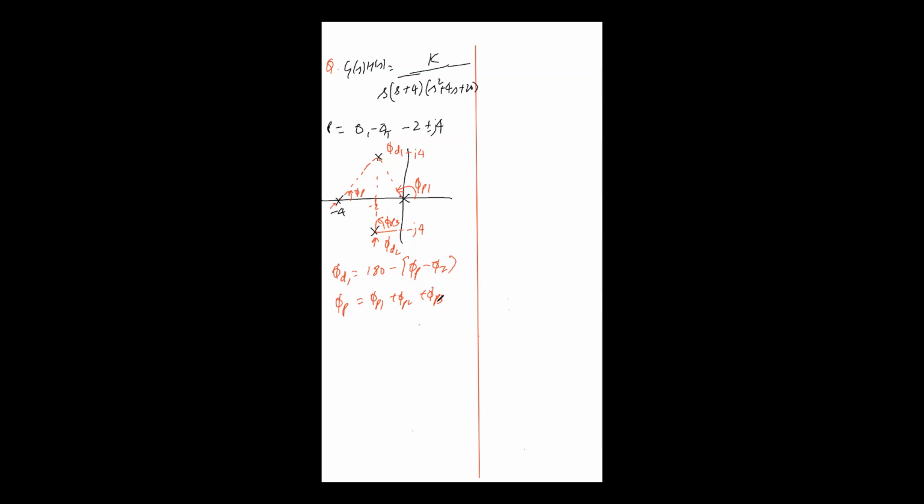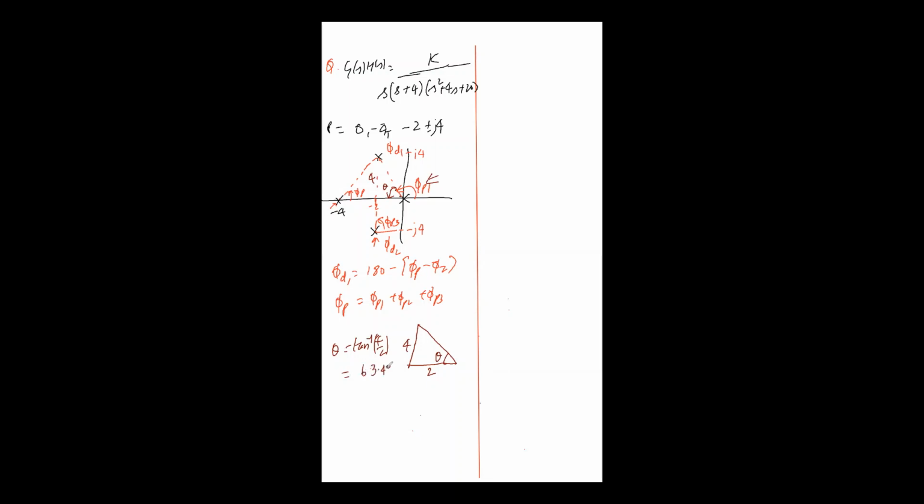Now if you want to calculate phi p1, first you can calculate this angle, that is theta. Let us draw the triangle there. This is theta, the height is 4 and the base is 2. So theta will be equal to tan inverse of 4 by 2, which is 63.4 degree.